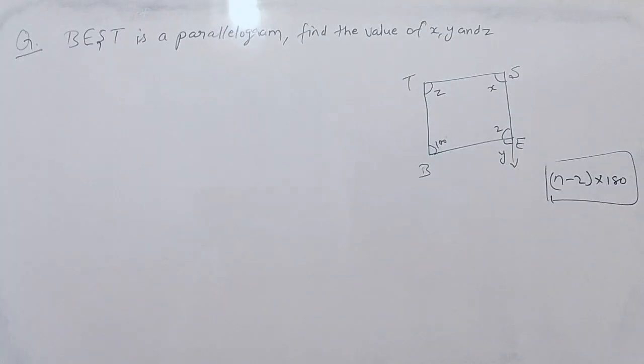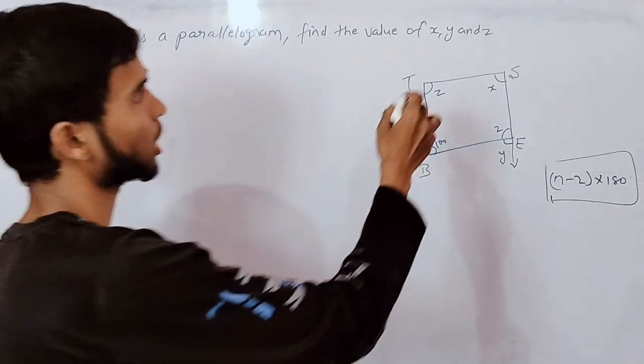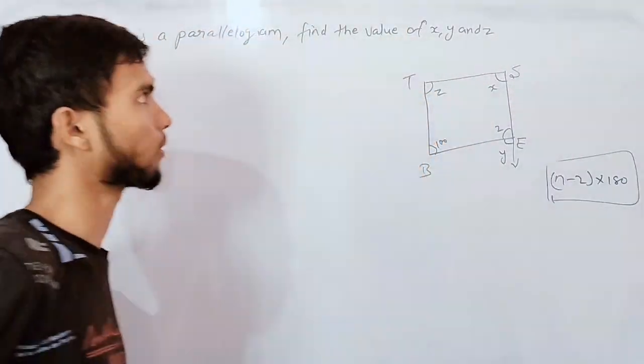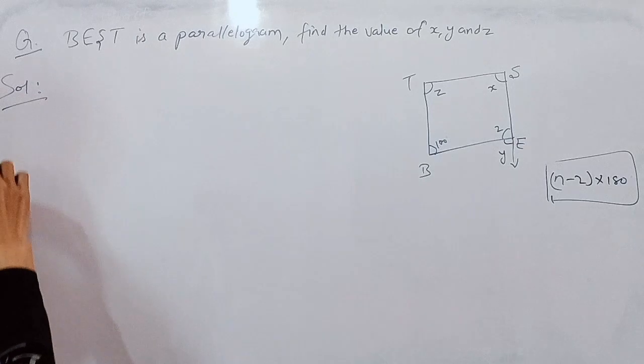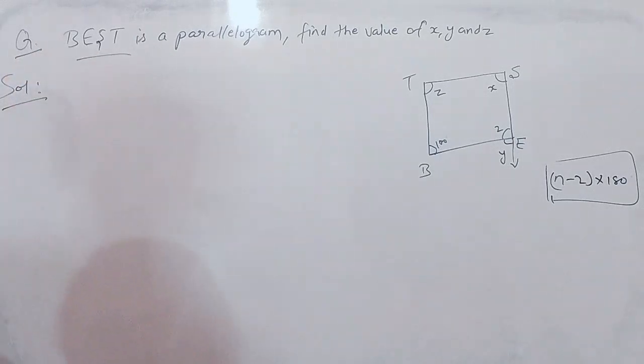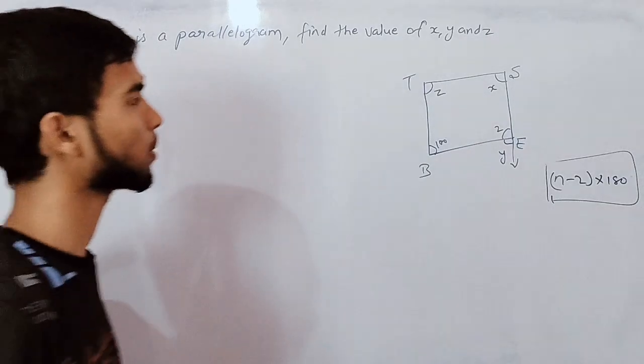Now this is completely easy. We have to find the value of x, the value of y, and the value of z from this question. It is a parallelogram. In a parallelogram, what happens?